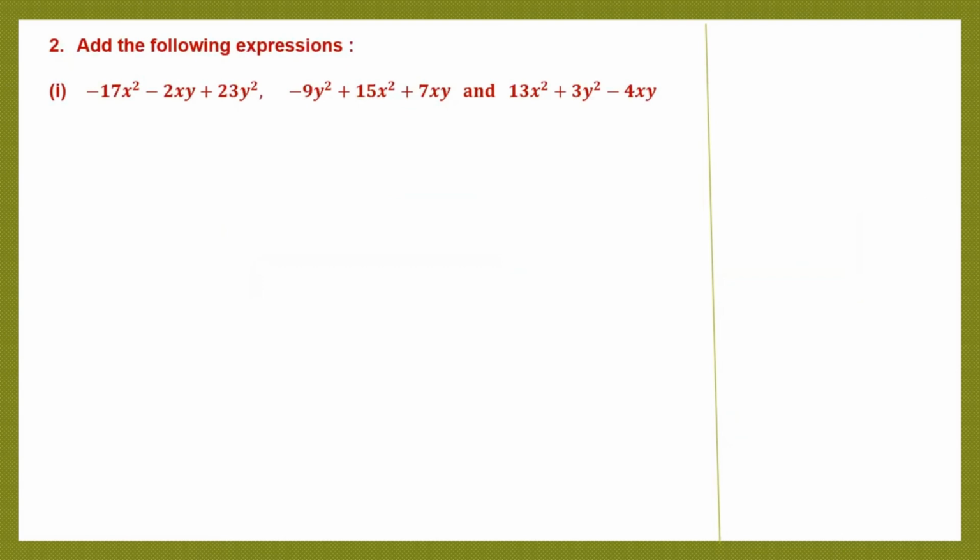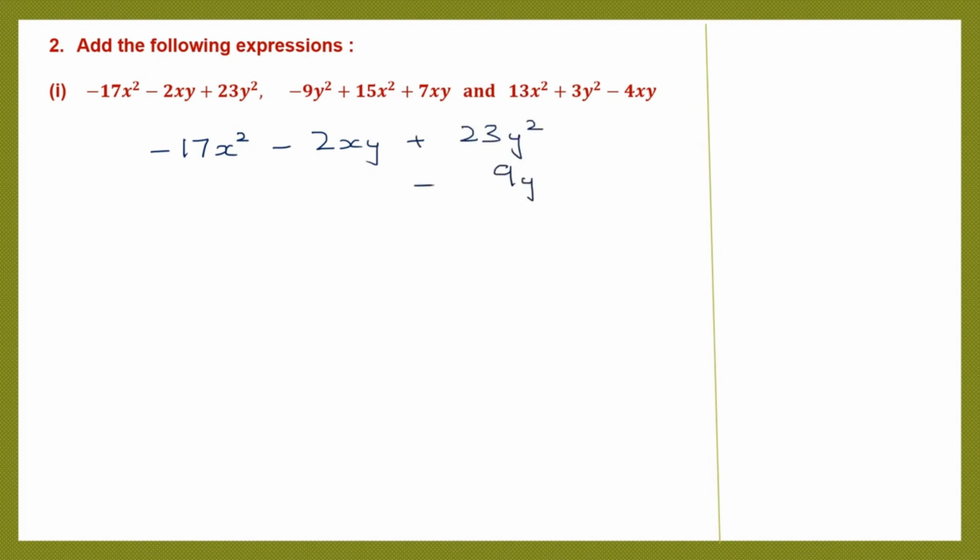Question 2. Add the following expressions. So let's continue with our addition. Minus 17x square minus 2xy plus 23y square. Then we have minus 9y square. Put it in the right column.